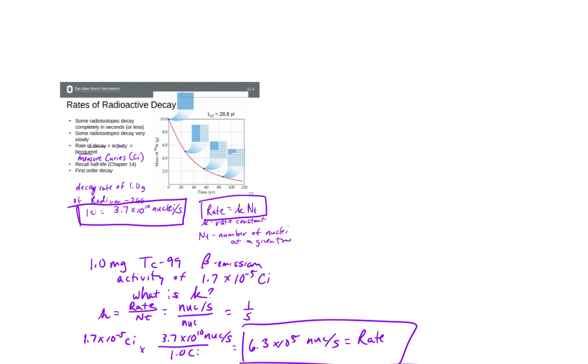So for the half-life, you'll probably recall T1/2 for first order is 0.693 divided by the rate constant k. So if we wanted to now find the half-life of technetium-99, because we've determined the rate constant k, we could do so.